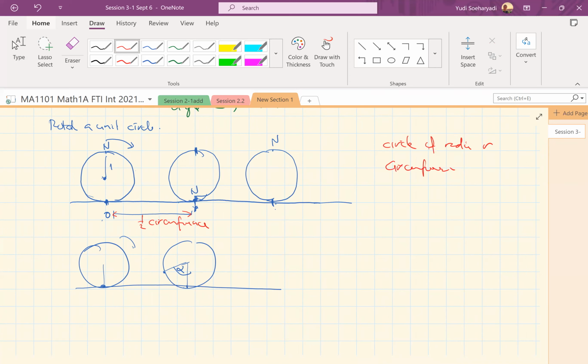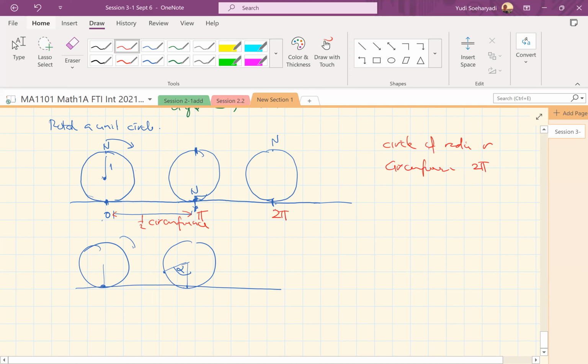What is r? The radius, so radius is 1 here. So the full circumference is 2 pi, and half of it is pi.